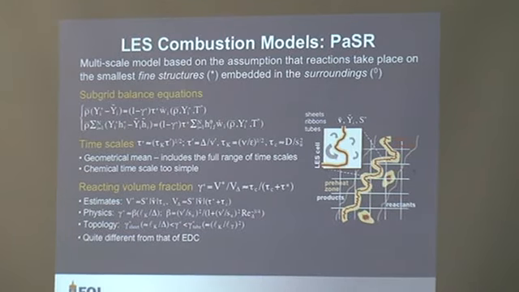So it will be more sensitive to what happens in a typical cell than, for example, the EDC model. I think this is quite an interesting part of the model. The question is, can we somehow improve that based on DNS data or experimental data? Or can we, so to say, verify it? We have not looked into this.